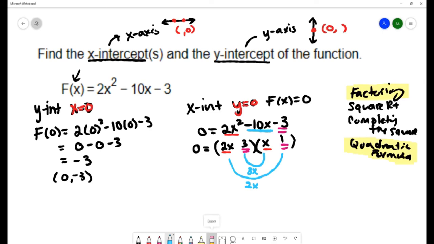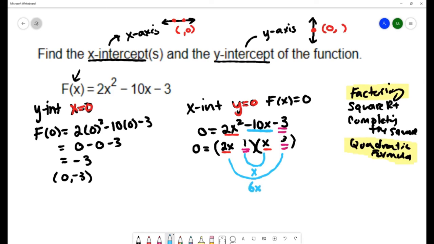I'm going to try one more guess, and I try that guess by switching this 3 and 1. So I'll put the 1 here and the 3 here. And let's try the middle two numbers now. 1 times x is x, 2x times 3 would be 6x.